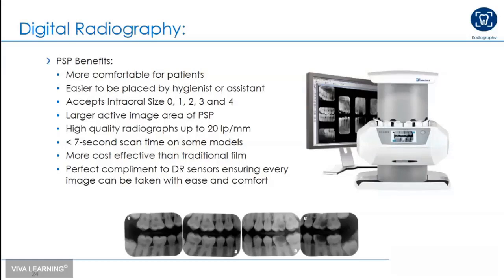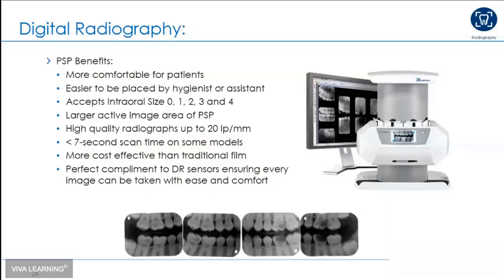It's less than 7 seconds to scan a single first film, and probably about 4 seconds or less on every film thereafter, so when you're processing a full series, you can do this in about 1.5 minutes. It's certainly more cost effective than traditional film.